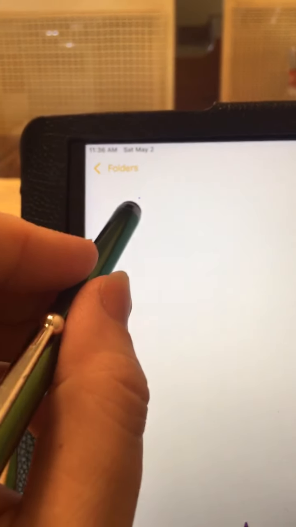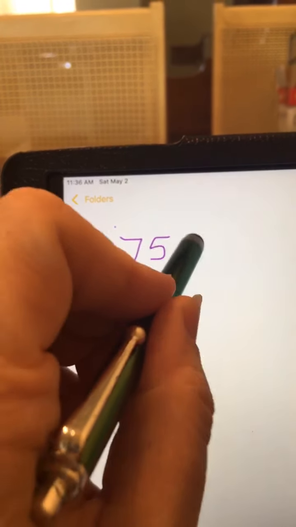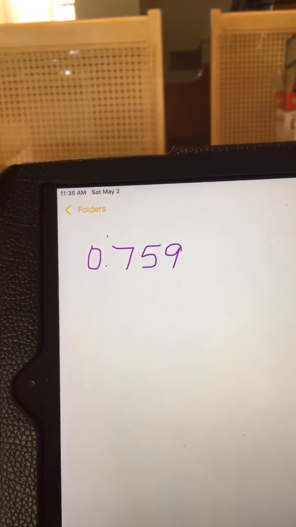Well, the first thing to do is to write your decimal as a fraction. All right, so in your book, you have 0.759.